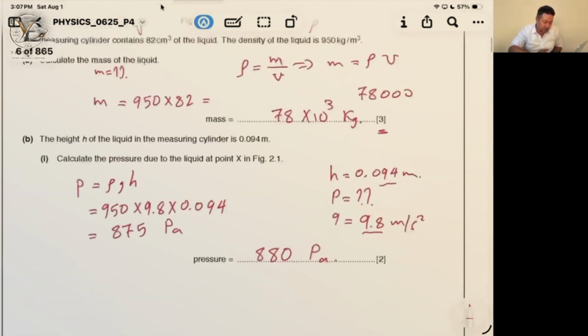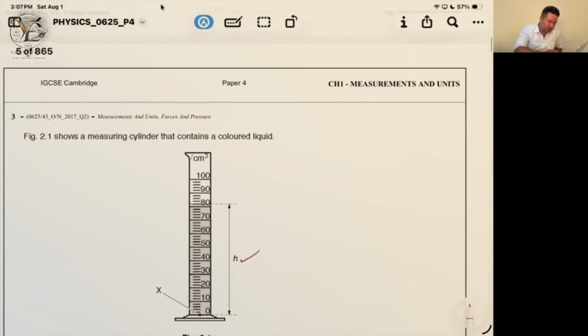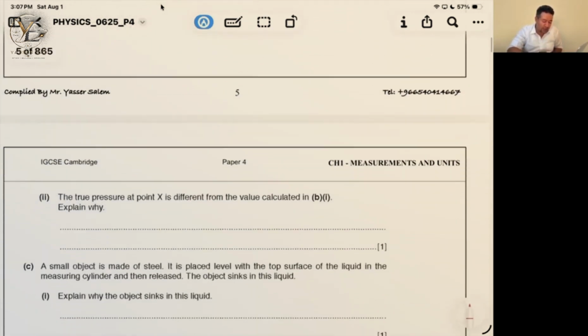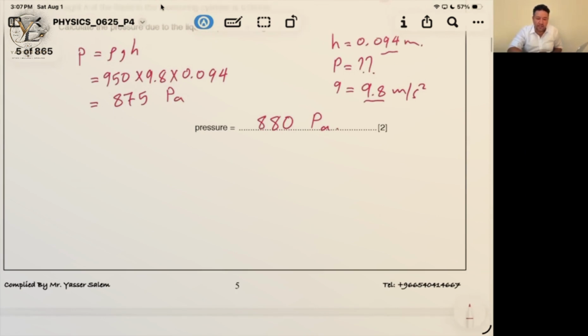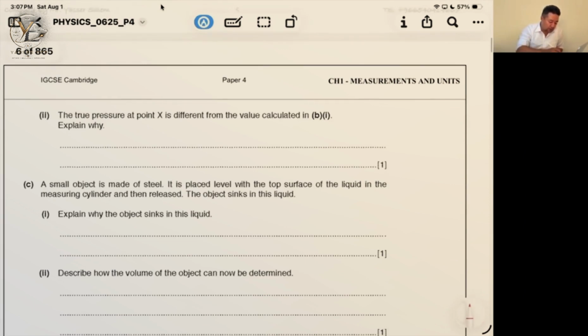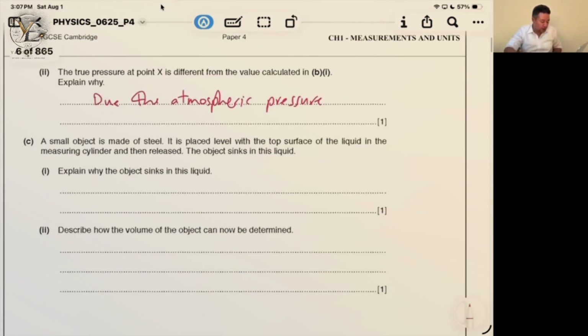It's an open cylinder, and of course, there is atmospheric pressure here, and the atmospheric pressure will exert more, and we should add it in order to find the total or absolute pressure at the point X. So I'm going to say due to the atmospheric pressure that should be added, as I said.